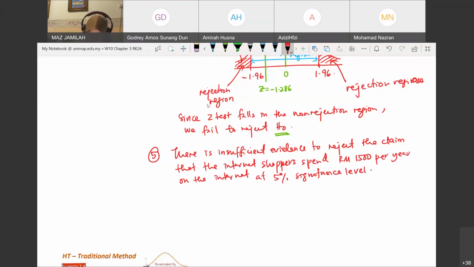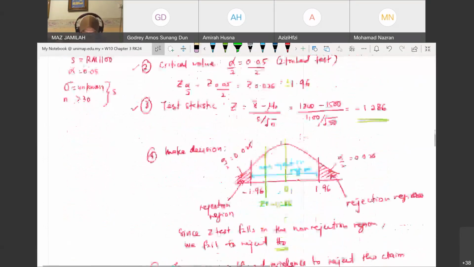You can stop before it. So that's how we perform our hypothesis test.